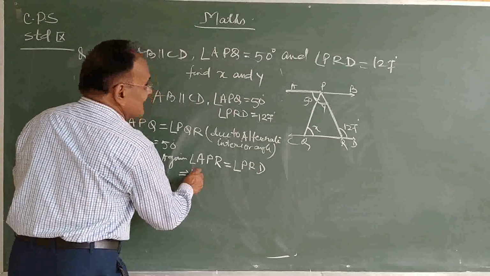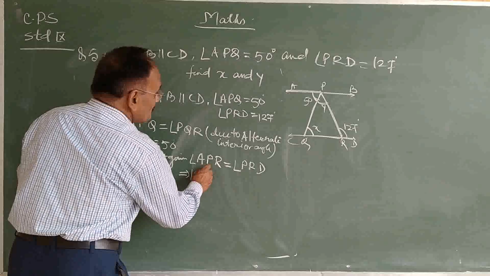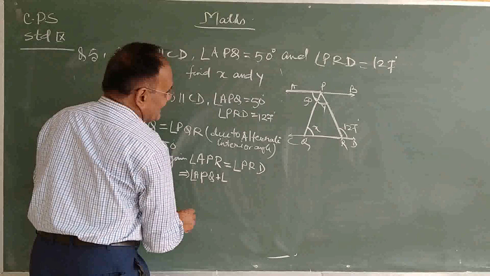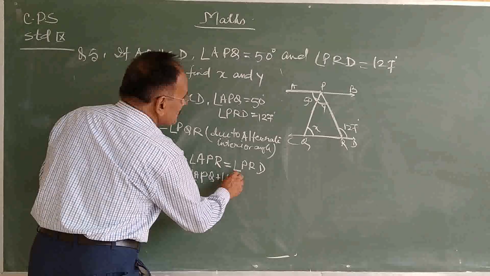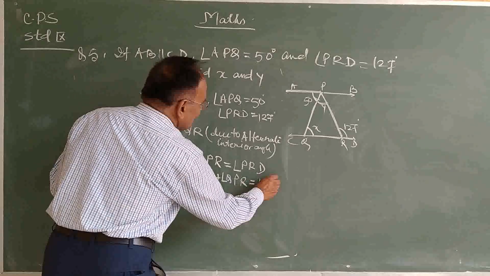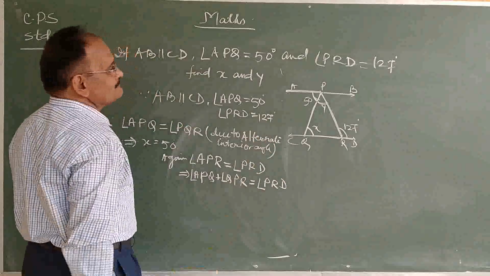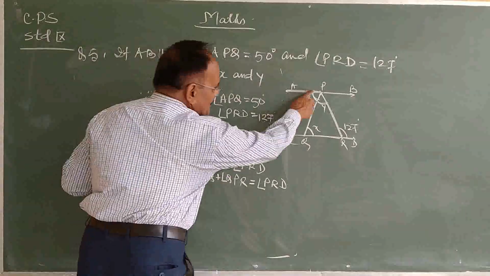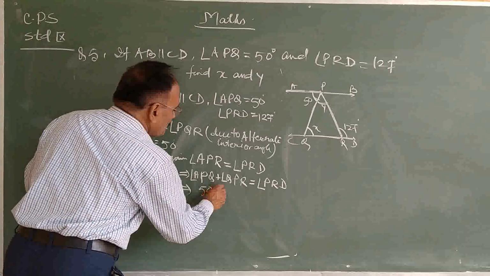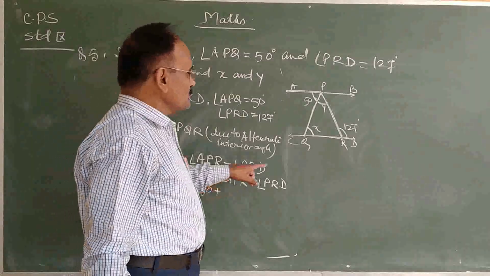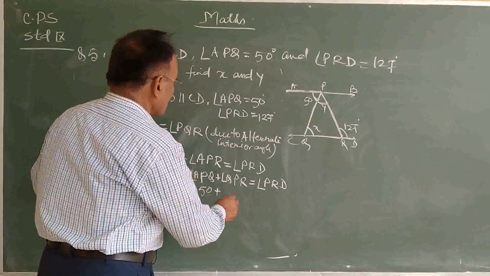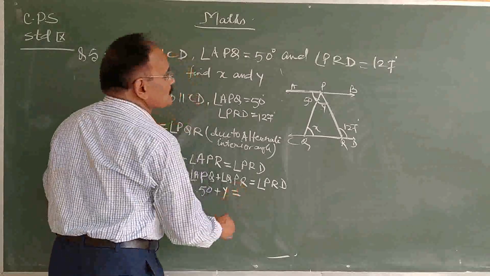So this implies angle APQ plus angle QPR is equal to angle PRD, and APQ is equal to 50 degrees plus QPR, which is equal to Y, which we have to find out, is equal to PRD.